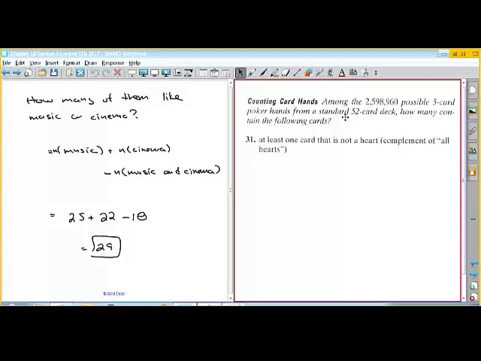So if I put something up like, calculate or just evaluate 15 things taken 3 at a time as a permutation, I don't want to see just an answer. You'd need to put 15 factorial divided by (15 minus 3) factorial.